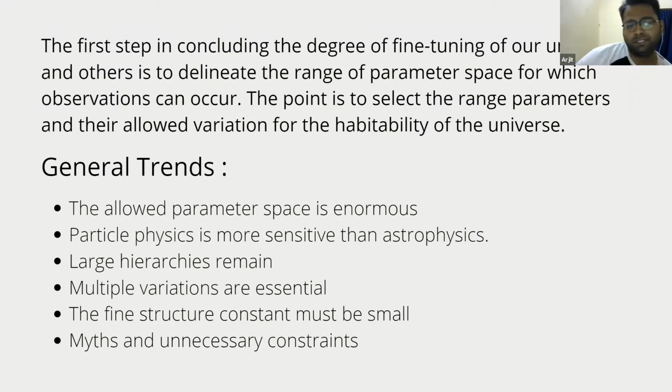And so on, we move on to the third point, the large hierarchy remains. What I mean by that is that a universe in general exhibits more hierarchical fine-tuning than it does sensitive fine-tuning. Like gravity must be weak, as we all know. So even if the parameters of physics and cosmology can diverge from their values in our universe by orders of magnitude, diminishing ratios are still required.